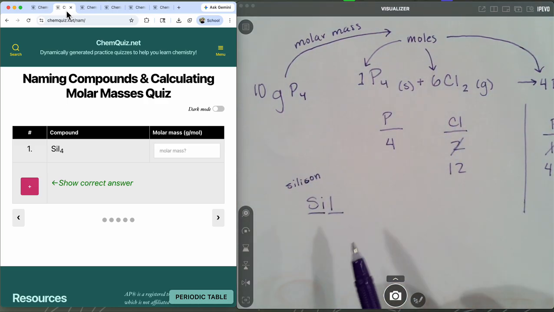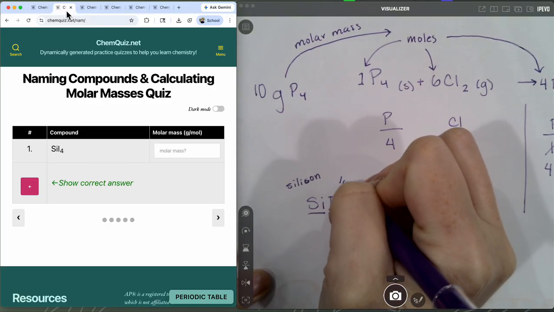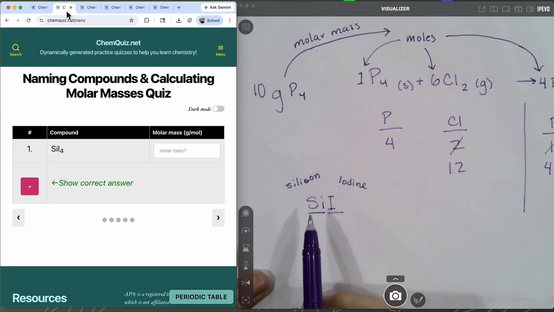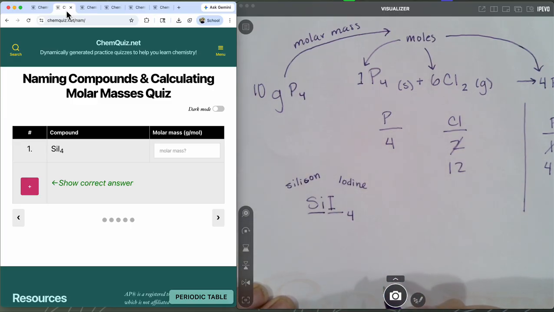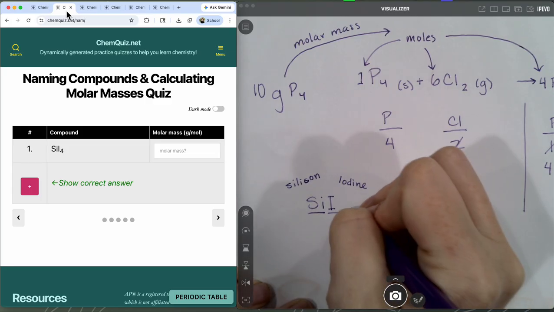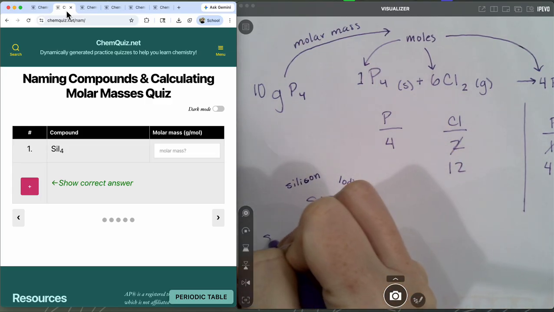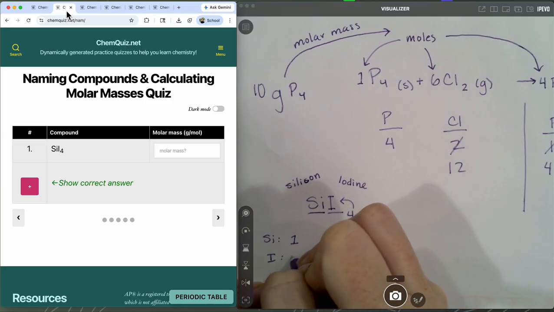And then this, even though it looks like a lowercase l, is just a sans serif I, so this would be iodine. Okay, and then the subscript 4. What does that 4 mean? Just for the iodine. Right, that 4 only applies to the iodine. So what I'm seeing here is 1 of the silicons, and for the iodines, I'm seeing 4.